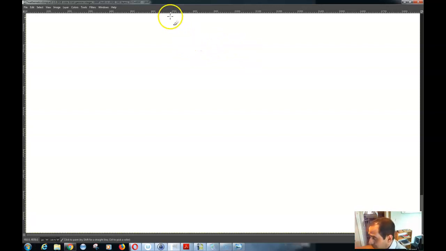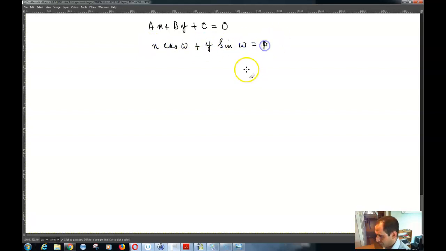The normal form is, if your equation is originally ax plus by plus c is equal to 0, you write your equation as x times cos omega plus y times sine omega is equal to p.